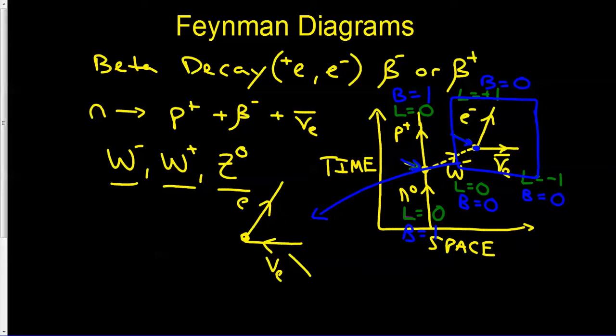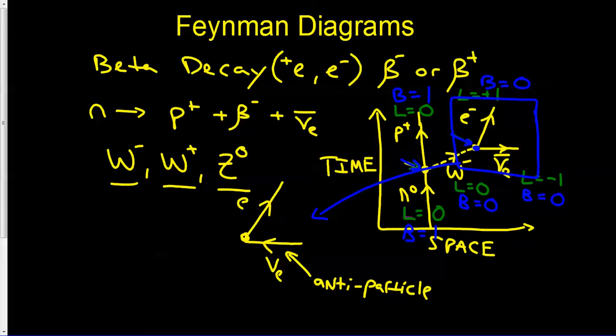So if the arrow goes in reverse, they're talking about the anti-particle. Notice that they won't have the bar over it and the arrow going backwards. They'll either have the arrow going forward and the bar on it, or the arrow backwards with no bar. But either way, it's the anti-electron neutrino.